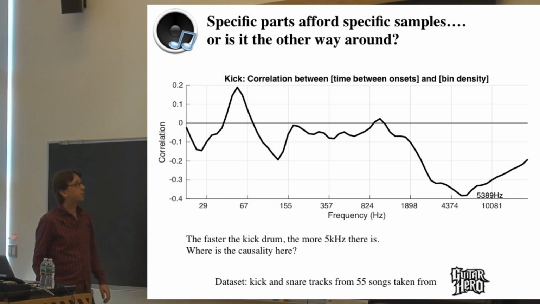This is the mean spectrum for 55 kick drum tracks. And we can see that the faster the kick drum, the more there are some frequencies around this range. These are the frequencies of the plosives in the vocals, t, k, s, things like that.